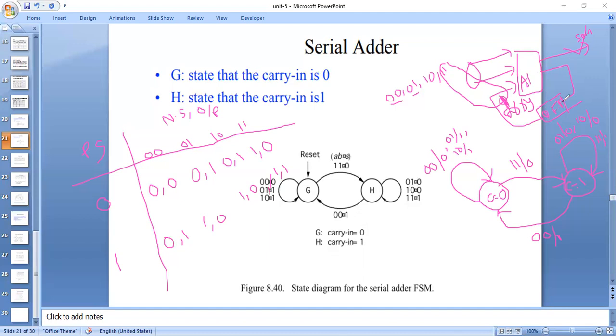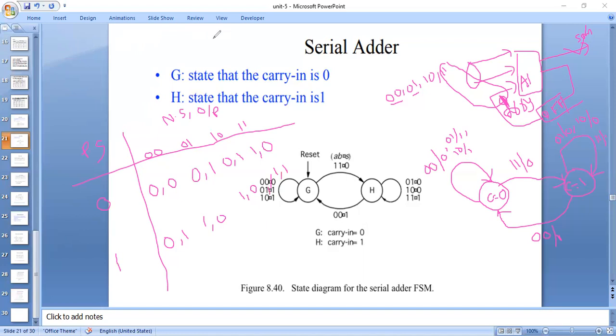Okay, so if you want to construct this serial adder, you have to elaborate this table. How do we elaborate it? Present state, input, next state, output.